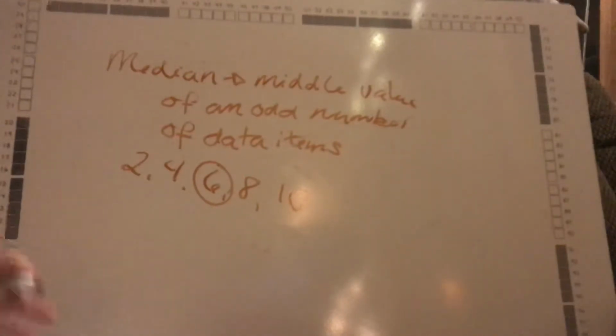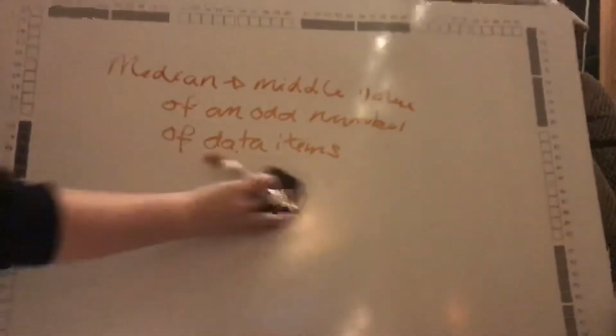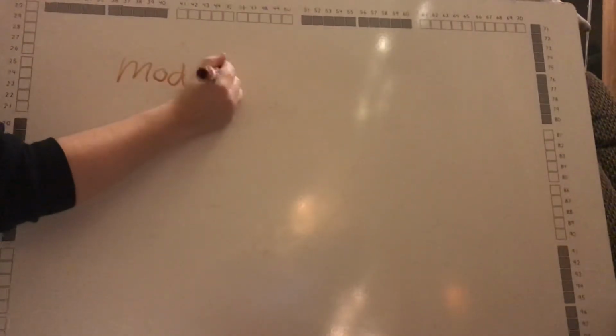And the next one we have is mode. And mode is the value or values that occur most often.